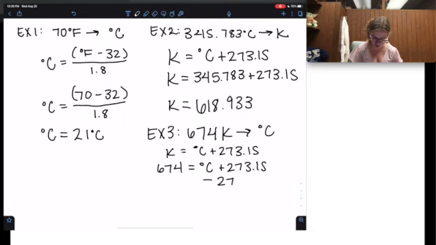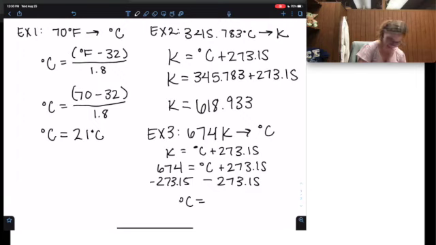If I subtract 273.15 from both sides, I end up getting that degrees Celsius equals 674 minus 273.15. So then I get 401 Kelvin. Sorry, degrees Celsius. I went the wrong way. Degrees Celsius.